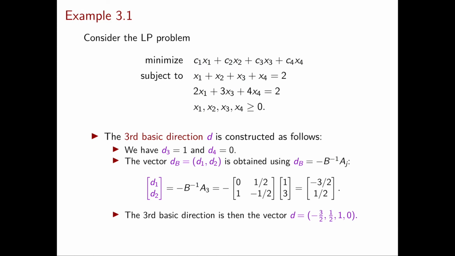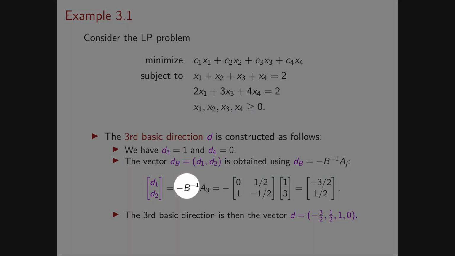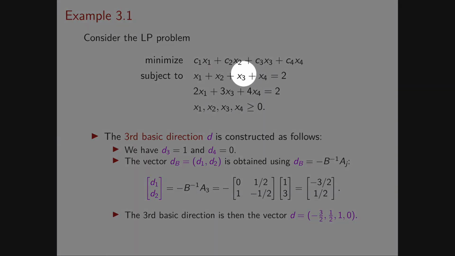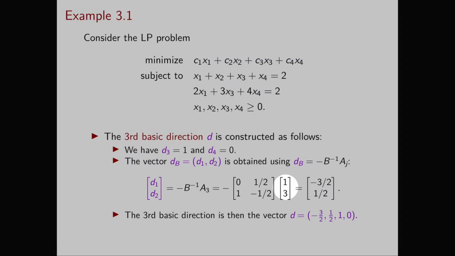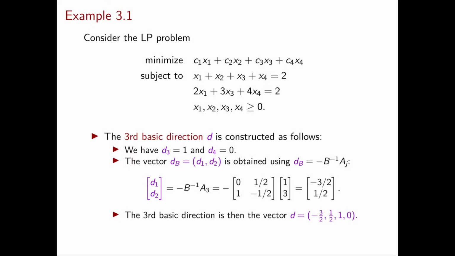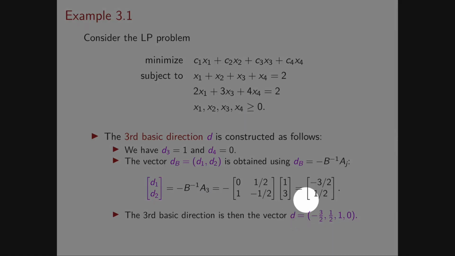We have already written the matrix capital B earlier, and if you compute the inverse, you obtain this matrix over here. Then the vector A3 is the third column of the matrix A, which is 1, 3. And here it is. If you compute then the product, you obtain minus 3 halves, 1 half. So we now know the third basic direction, which is the vector d equal to minus 3 halves, 1 half, 1, 0. Here it is.